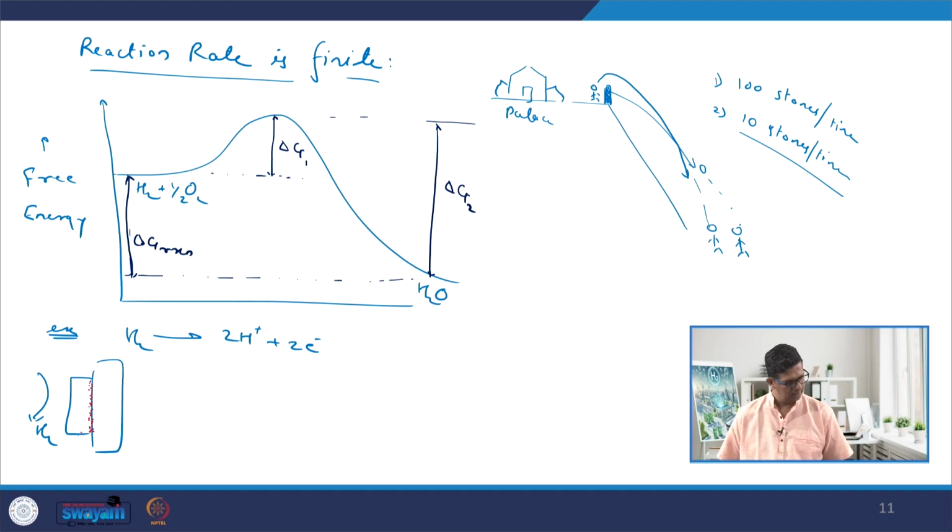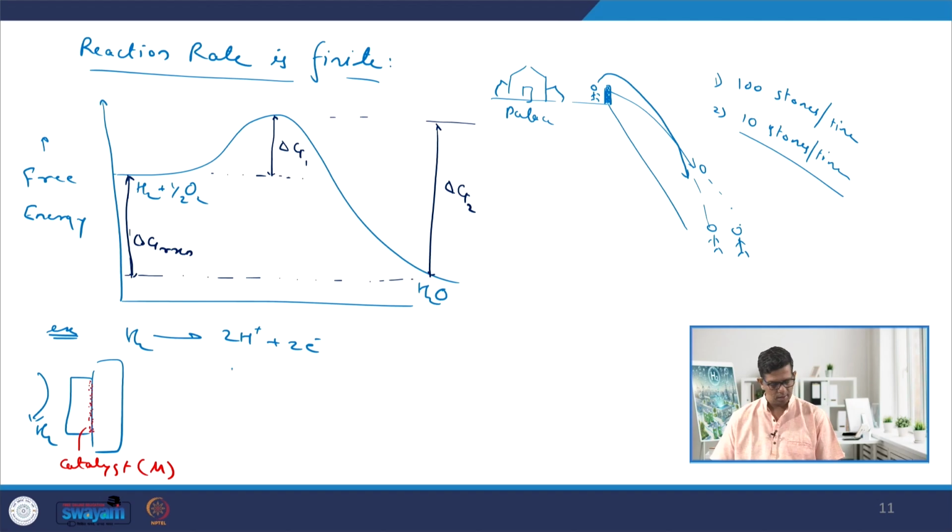So, this is my catalyst. Let me show this with M. M stands for the metal. When this hydrogen is supplied to the electrode, the anode in the case of a fuel cell, we have to remember that at this interface we have a triple phase boundary.